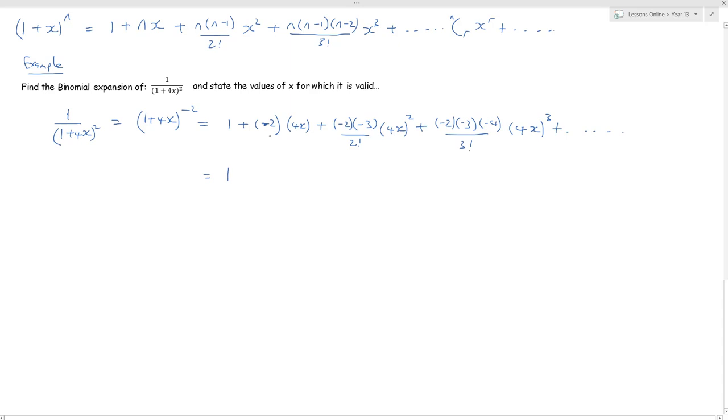So we've got 1. We've got one negative here, so our answer is going to be minus 2 times 4, it's minus 8x. Then we've got 2 negatives, so our answer is going to be positive.